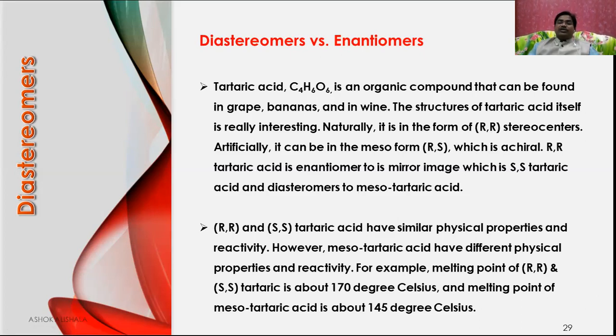However, mesotartaric acid has different physical properties and reactivity. For example, the melting point of RR and SS tartaric acid is about 170 degrees Celsius, and the melting point of mesotartaric acid is 145. That means the melting point of the meso form is different from its RR and SS configuration.